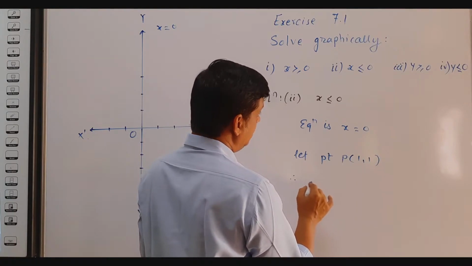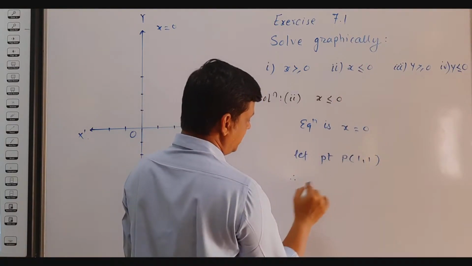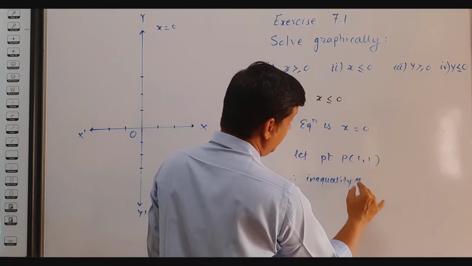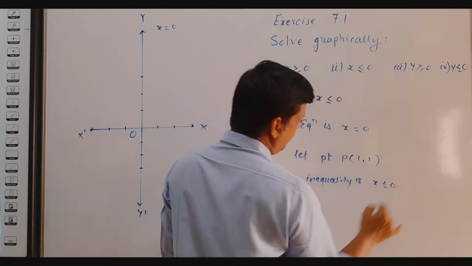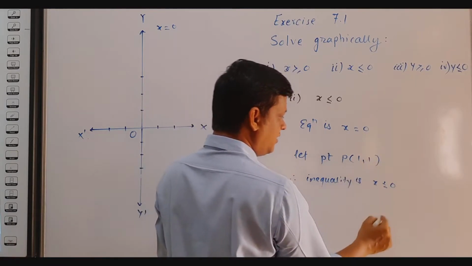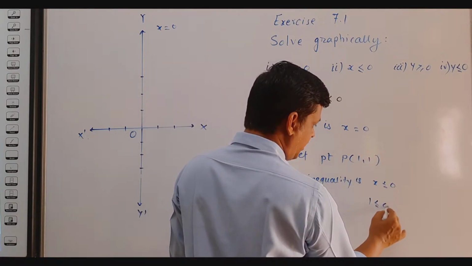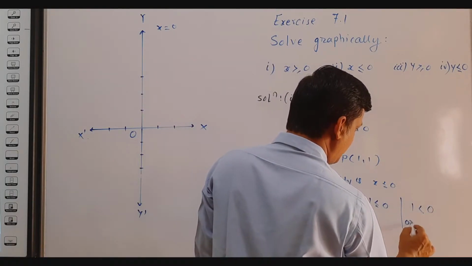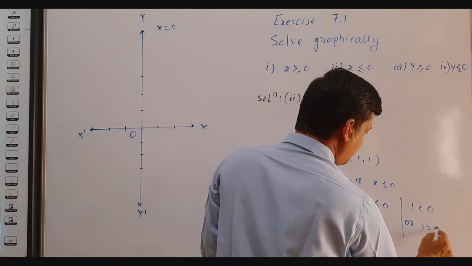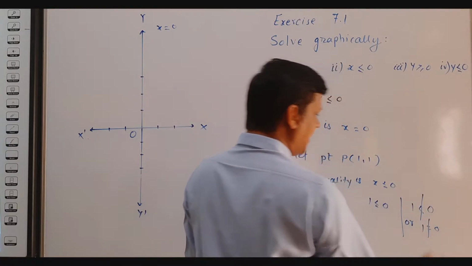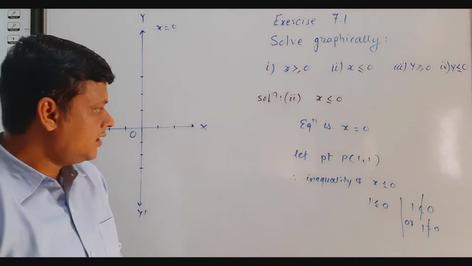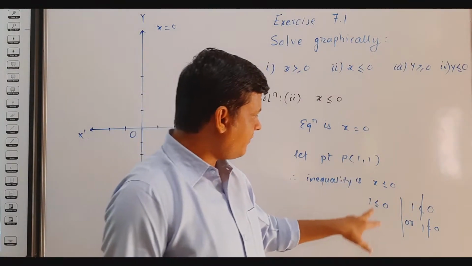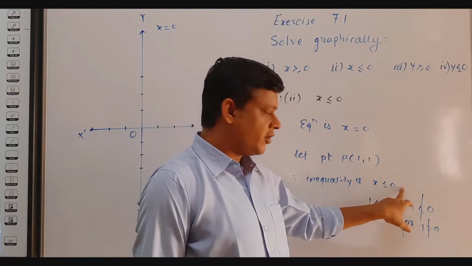Therefore the inequality is x less or equal to 0. So here x is 1. So we check 1 less or equal to 0. Here are two possibilities, 1 less than 0 or 1 is equal to 0. Both conditions are not satisfied. That means this point does not satisfy the inequality x less or equal to 0.